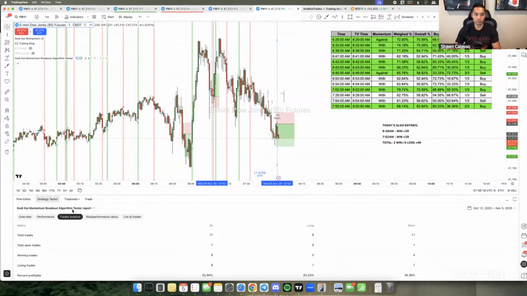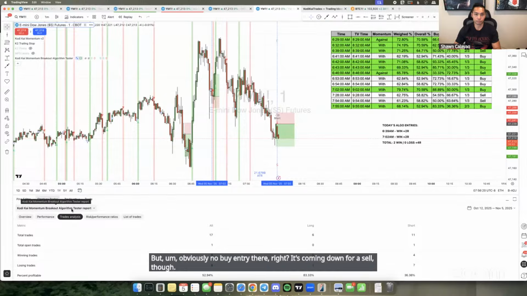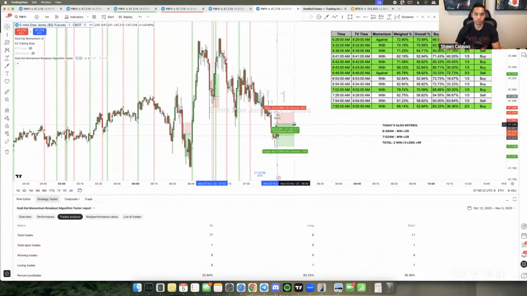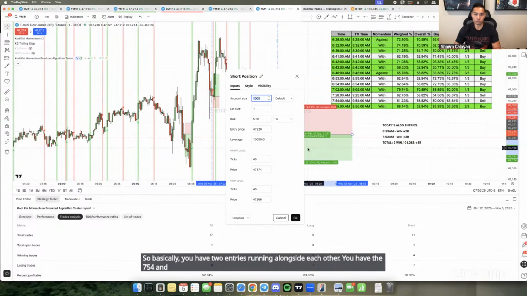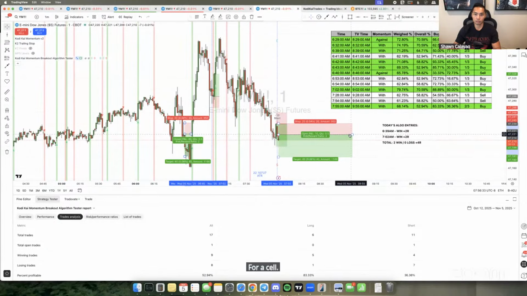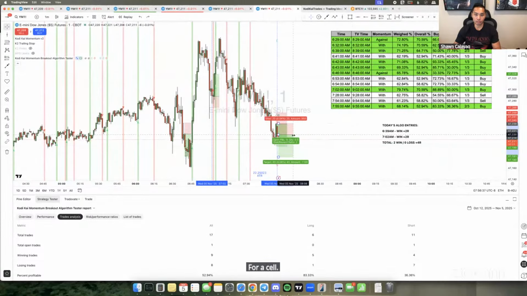It's coming down for a sell though. So basically, you have two entries running alongside each other. You have the 754 and 755 entry running right next to each other for a sell.